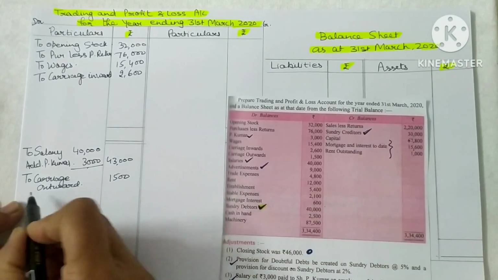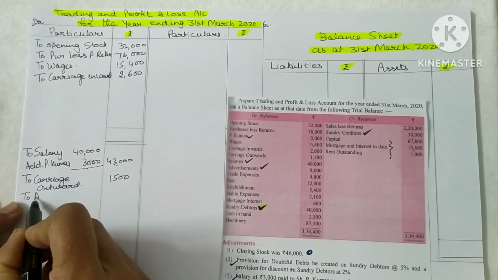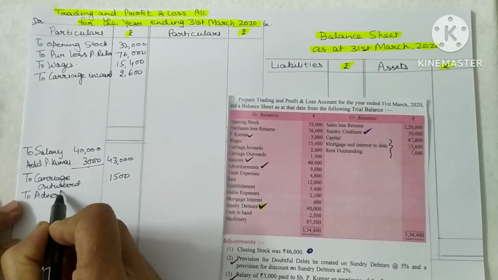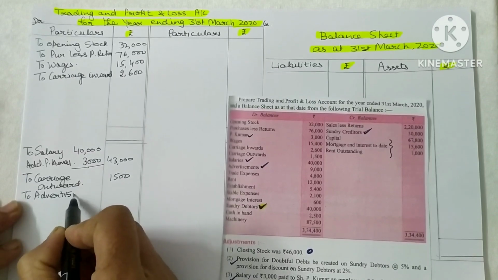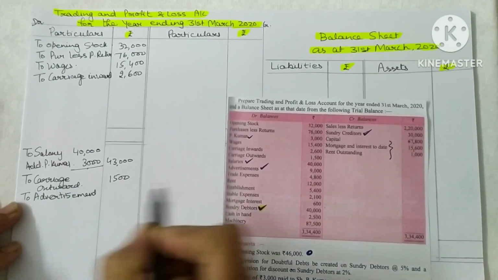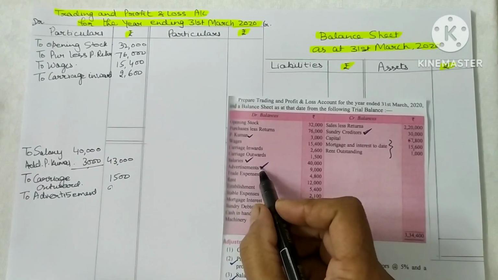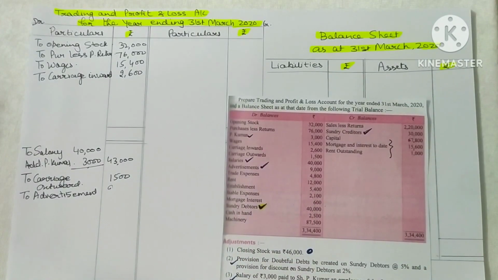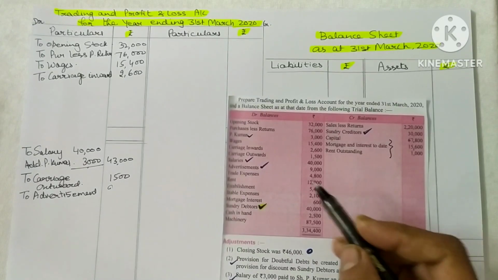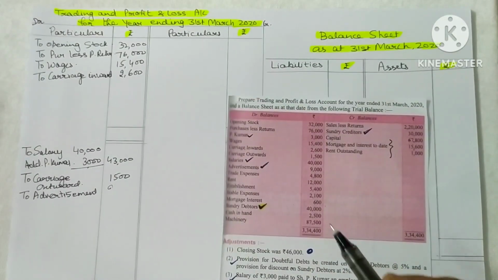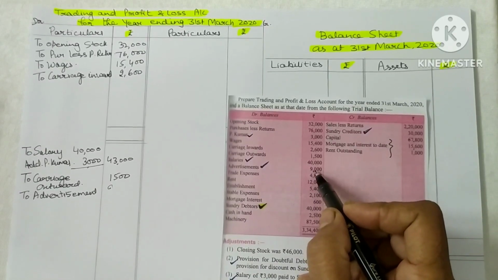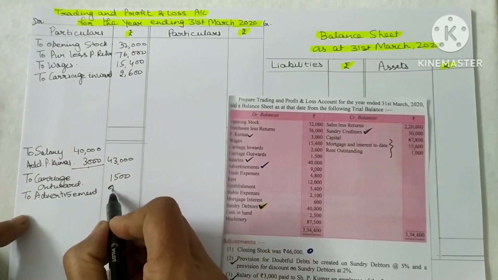Next is advertisement in the P&L account, 9,000. But there is an adjustment in advertisement: write off 1/3 of the advertisement expenses. So in the P&L account you have to show only 1/3 of this 9,000, that is 3,000.